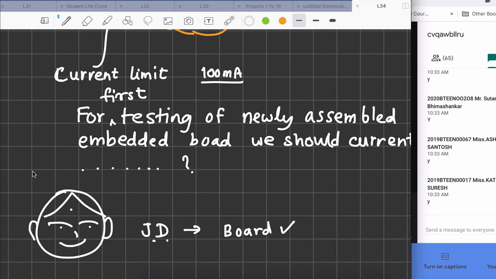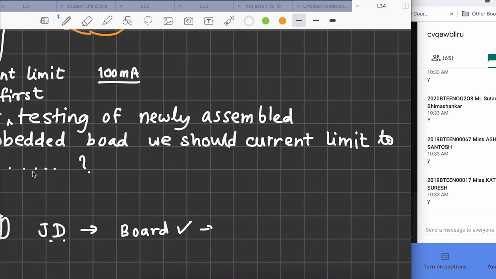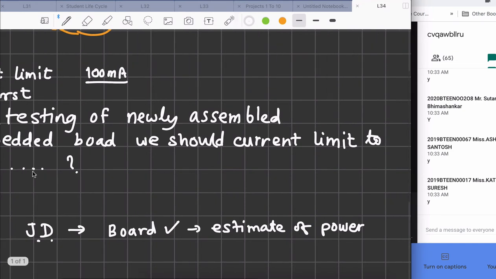While designing the board, she has done an estimate of power. It means she selected a processor, then she selected some hardware, then she assembled the whole thing. But each component on the board will draw some power. She found out the total, approximately 234 milliampere, or you can say 240 milliamperes.